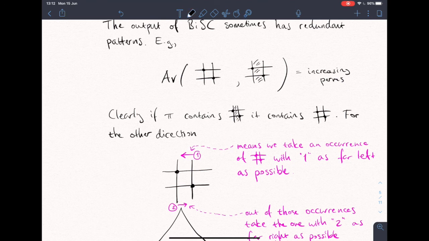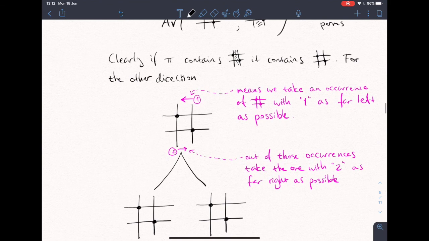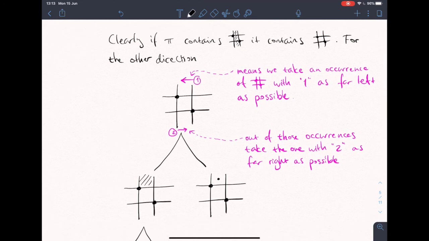Okay, and then there are 2 cases to think about. When you're looking at this occurrence, either it just so happens there are no points up here, or there's at least one point somewhere in this region of the permutation. Now this would be weird because you now have another occurrence of 2, 1.